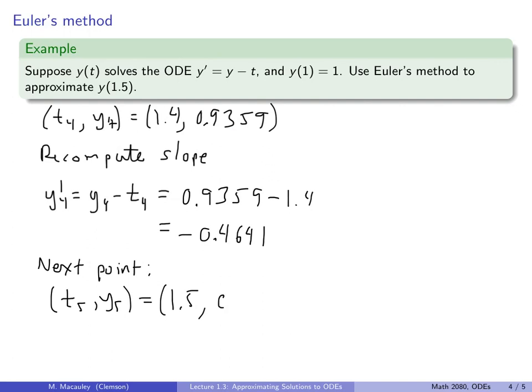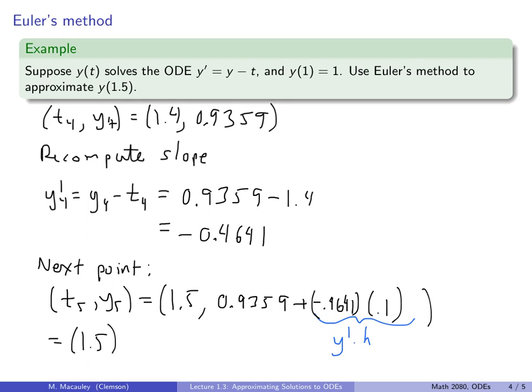So this is 0.9359, and we have to add in, remember this part, the y prime times h. We have to add in the slope, negative 0.4641 times 0.1, and we get 1.5.